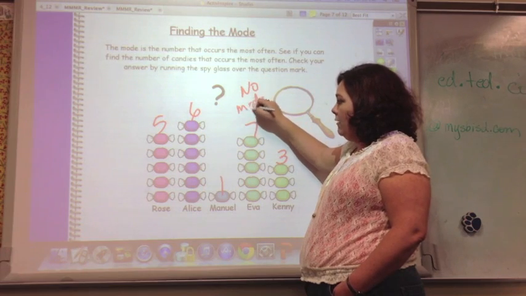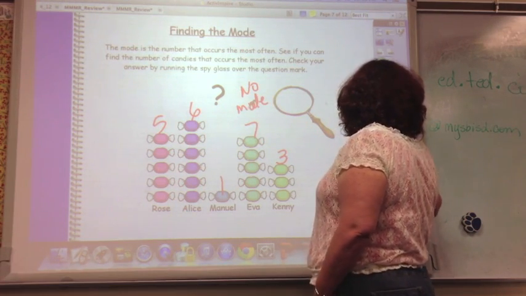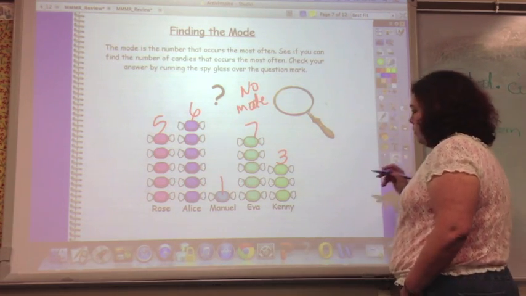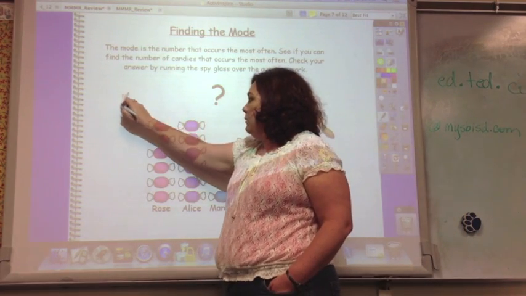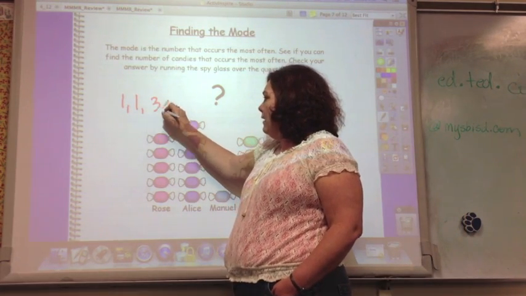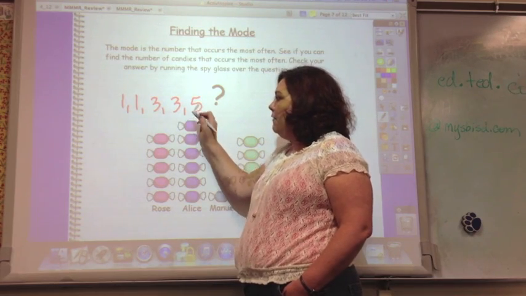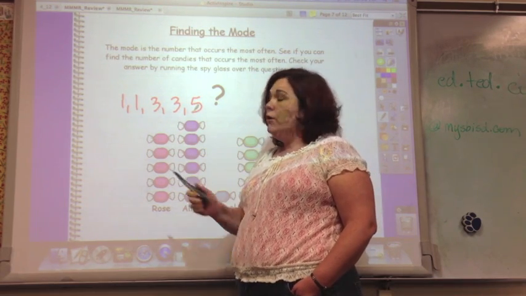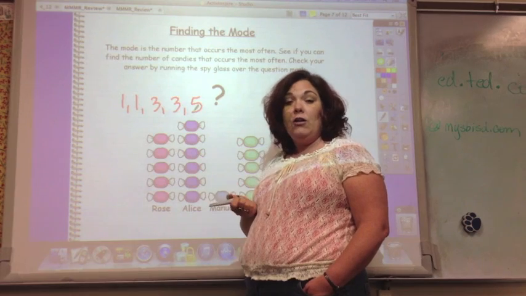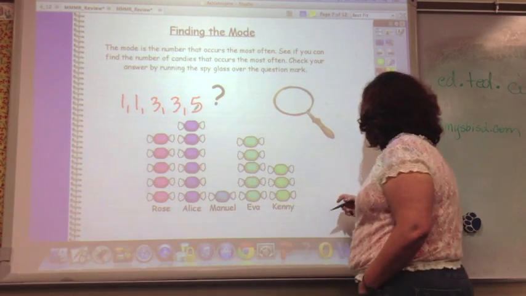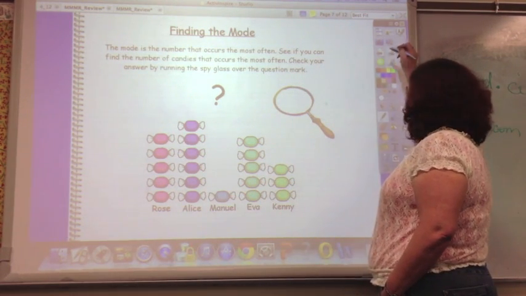And that's what you put. Now, if you have a situation where your data is 1, 1, 3, 3, 5, you'd have 2 modes. You'd have 1 and 3. So that could happen. So just be aware of that.